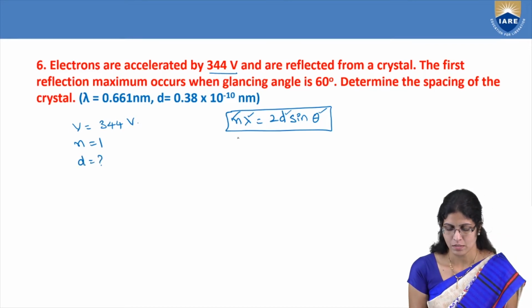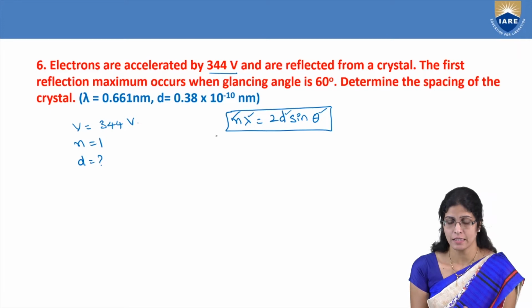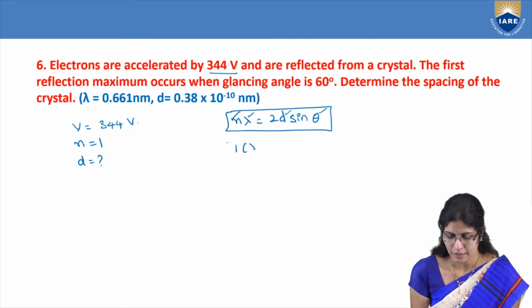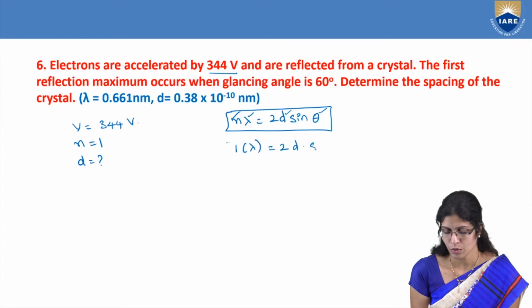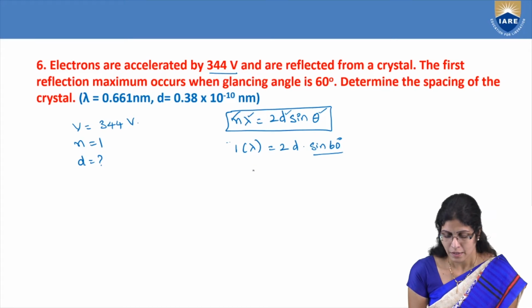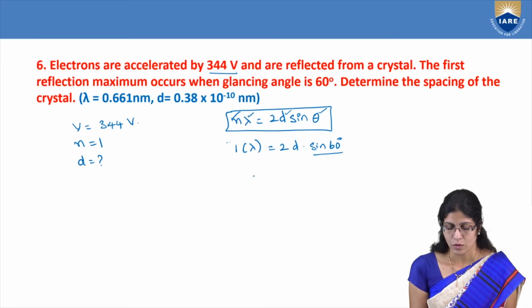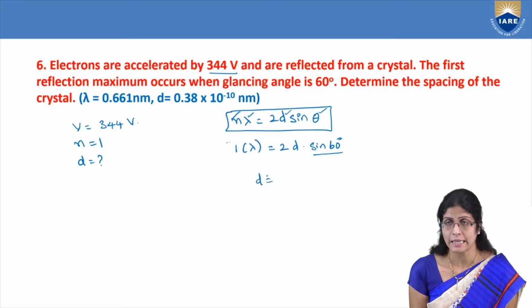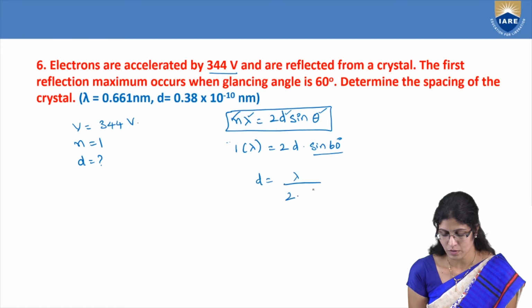But yes, if I substitute whatever is given in this problem, let me see if I get any hint. 1 into lambda is equal to 2 into d, which I also don't know, into sine of 60. This I'll find, because I know trigonometry. But what I need is d. So d is equal to lambda by 2 into sine 60.